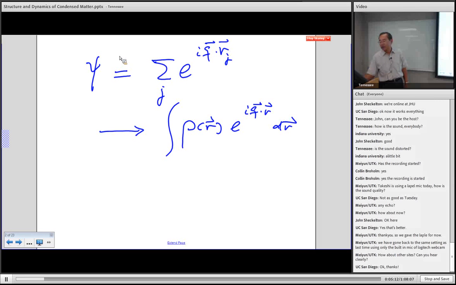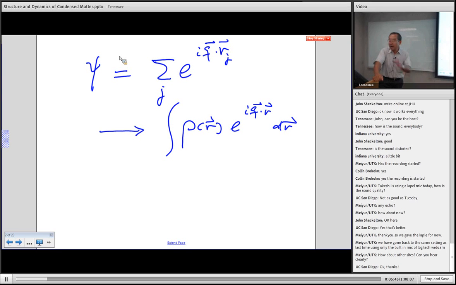So rho of R tells you the atomic density around the position R, and here the resolution in real space is much coarser than the atomic spacings. So instead of each atom, you think about the density of atoms. And again, the length scale involved here is large, like 1,000 angstroms.